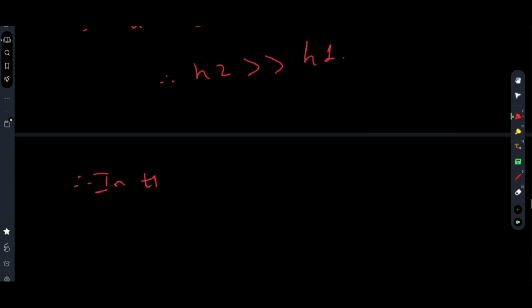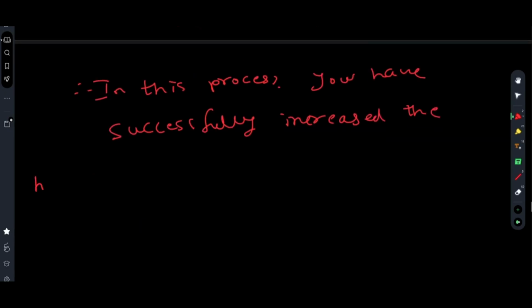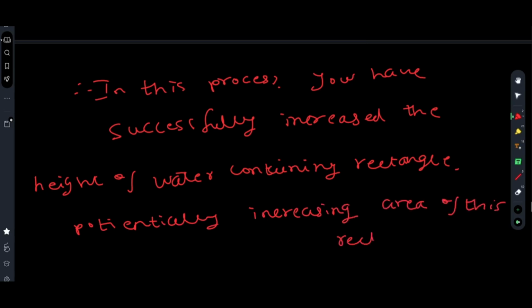Therefore, in this process, you have successfully increased the height of the water containing rectangle, potentially increasing the area of this rectangle.